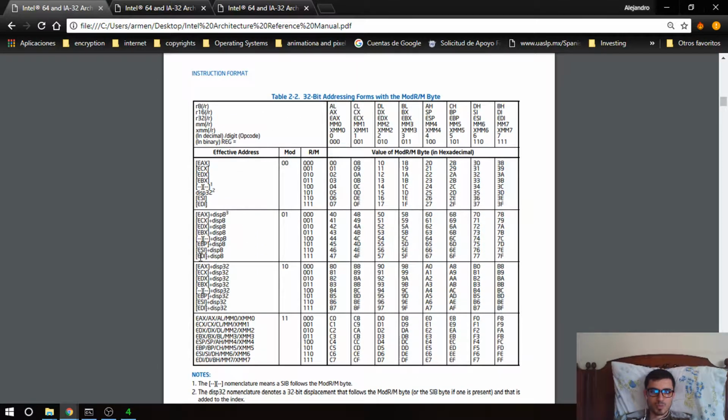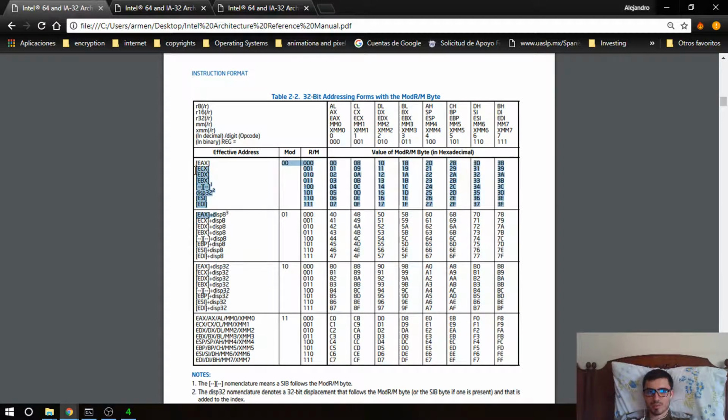The cool part is that if you want to use displacements with sign extension, you can use this way, and whenever you don't care about extension and you want to add a bit more displacement, you can use this set of pairs, which is nice. They give you that possibility.